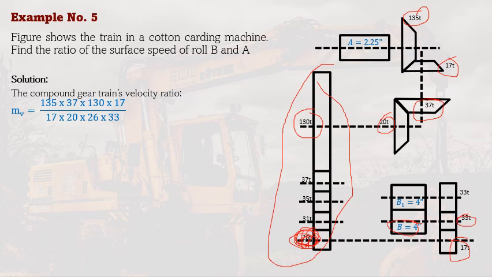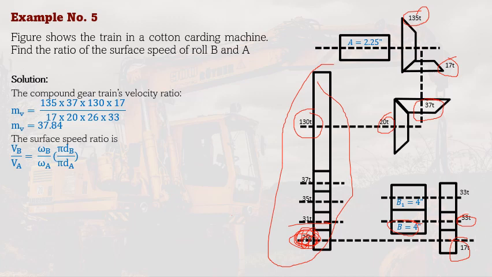That's why we have 33 here. Then we can compute the gear train's velocity ratio to be 37.84.